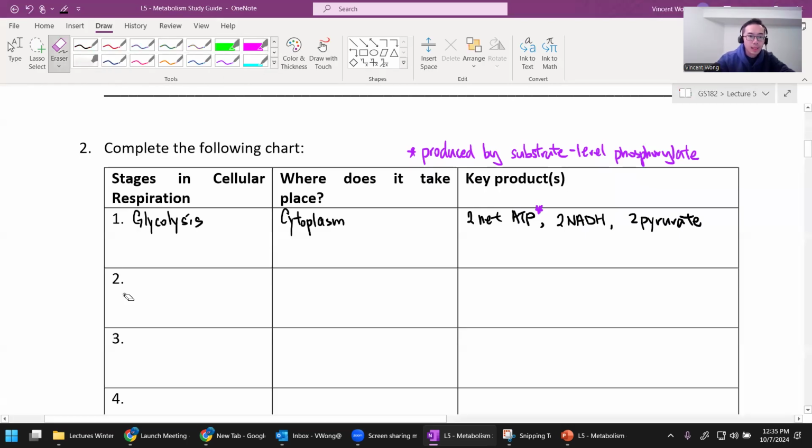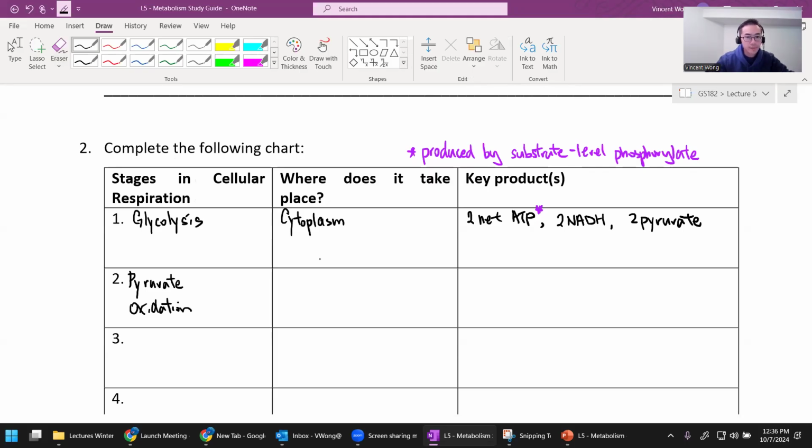Stage 2. Okay, stage 2 is going to happen if there is sufficient oxygen available. And this is called pyruvate oxidation. And you will oxidize pyruvate. You will remove more electrons from the molecule. Does anybody remember where this takes place in the cell?